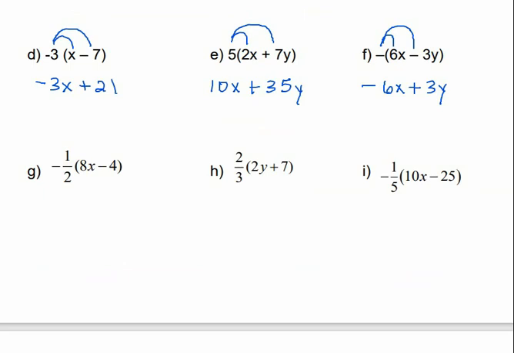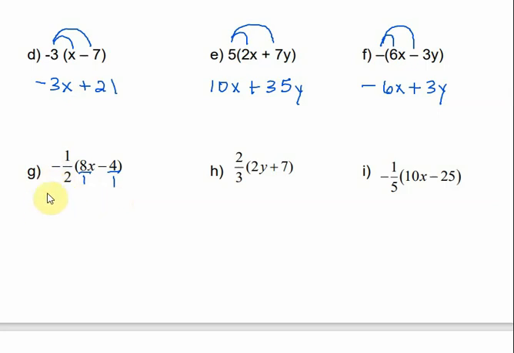Okay, we have some fractions in the next problem. If I'm multiplying fractions, I can change the whole numbers to fractions. So I could say this is over 1 and this is over 1. Remember, I multiply the top times the top and the bottom times the bottom.